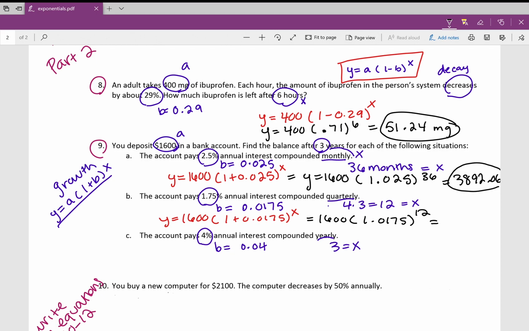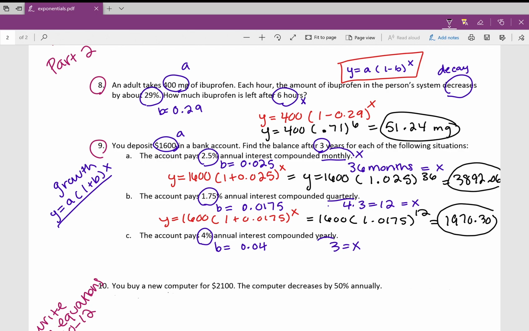So now let's see what the difference in money this is going to be. So 1.0175 to the power of 12 times 1600. Okay, this is going to be 1970.30. So definitely not as much as the first one, because this one only increased by about $300.